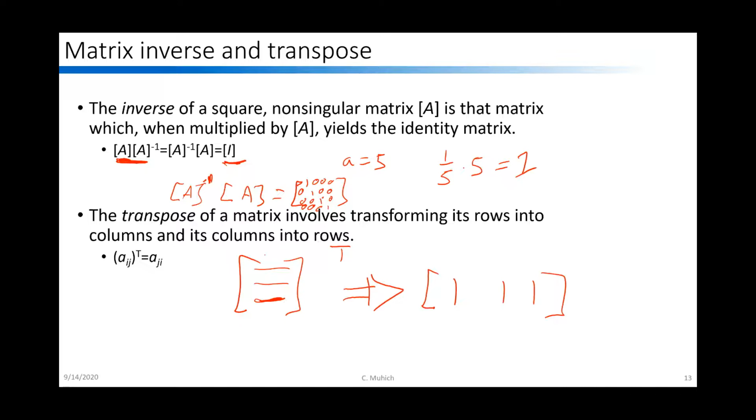So if I have 3 rows, 1 column, I take the transpose, that's then 1 row, 3 columns. Written out in this notation, A sub ij, I put that T to represent transpose, goes to A sub j comma i. So it just flips those pieces.